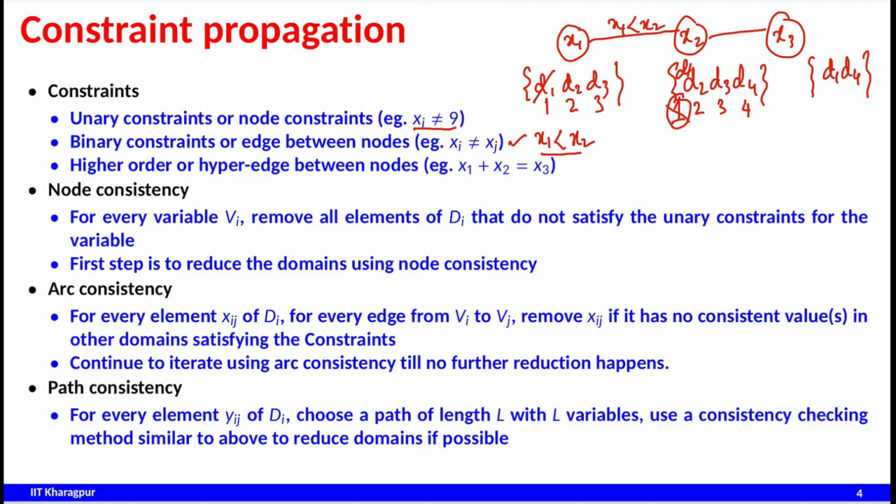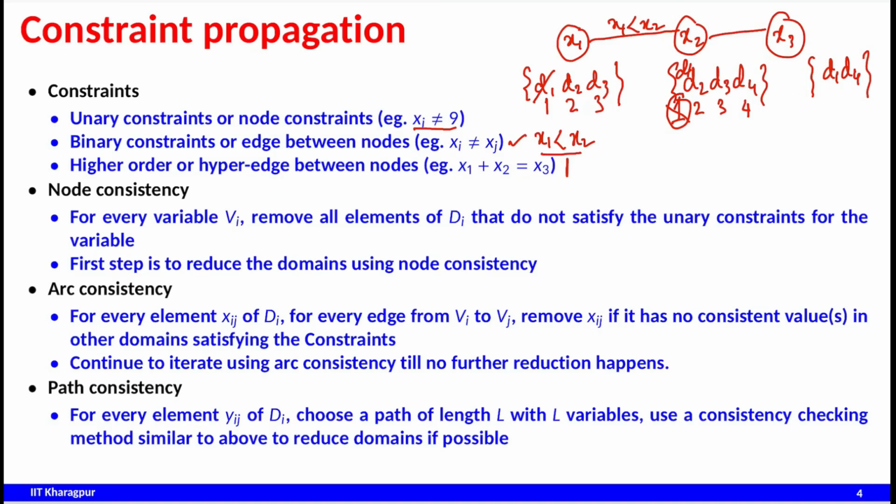So I can reduce the domain values, and similarly for the higher order, for that we need to use a hyperedge, and based on that we can modify some of the values. So that is the basic constraint.